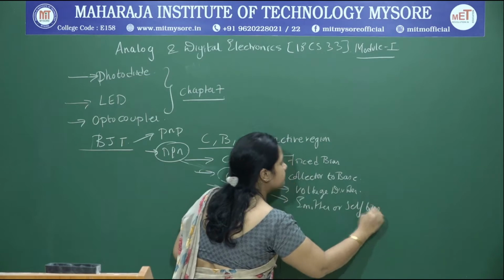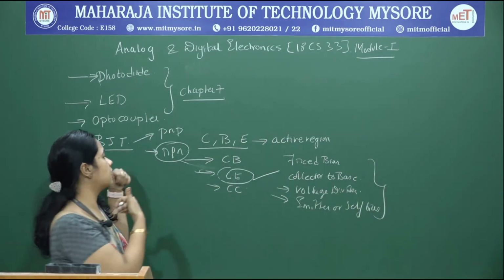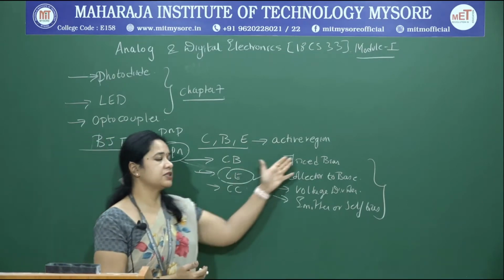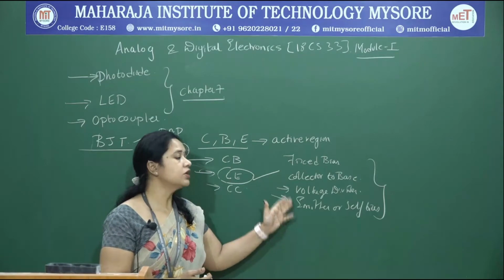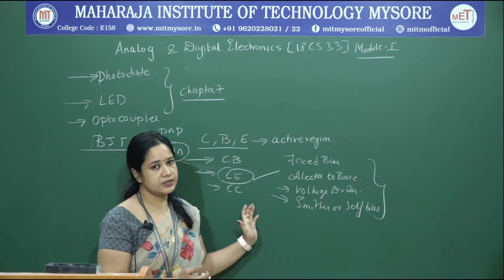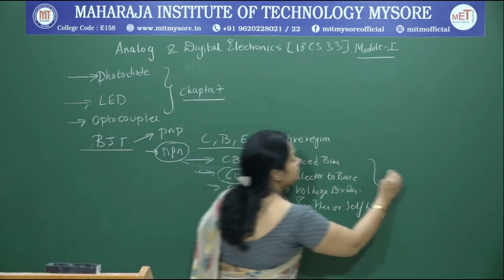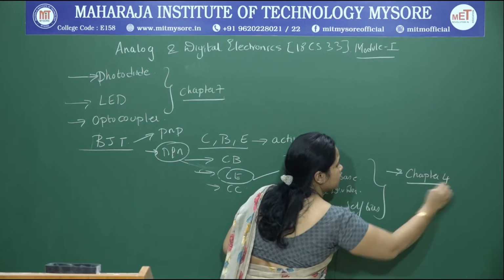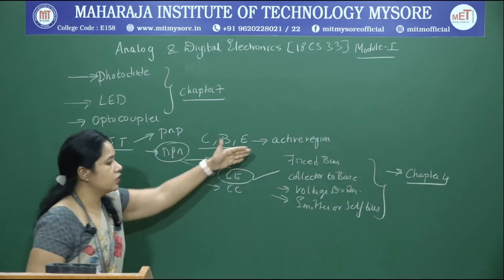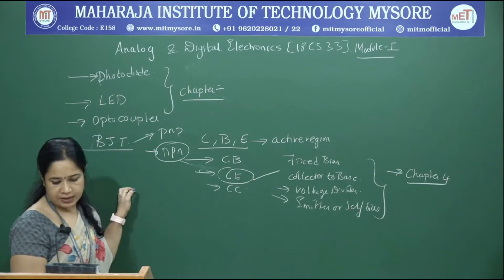What all these biasing configurations are, and how to bias your bipolar junction transistor using one of these biasing circuits, we will discuss in detail in the subsequent topic. All these topics have been picked up from chapter 4 of your prescribed textbook.